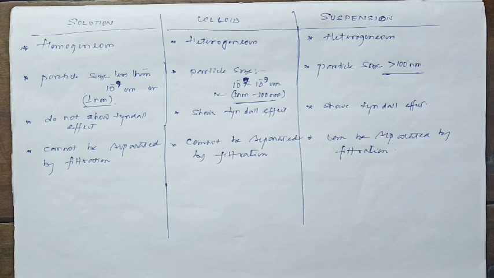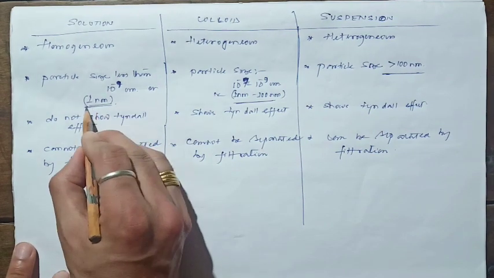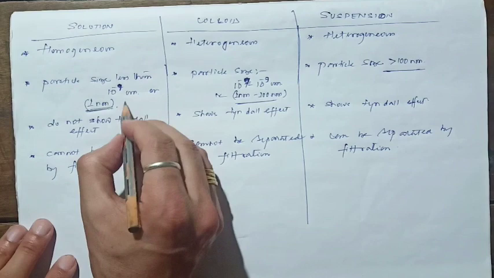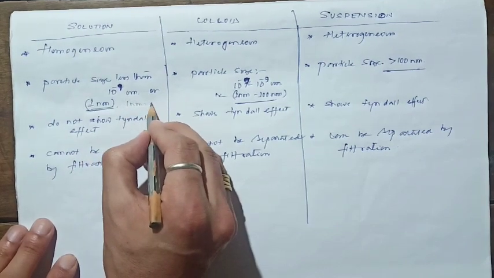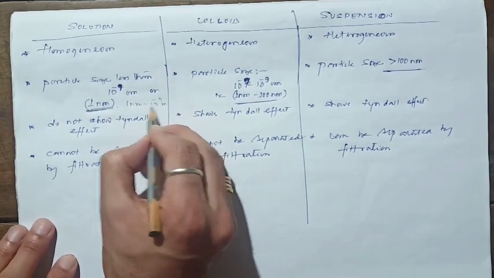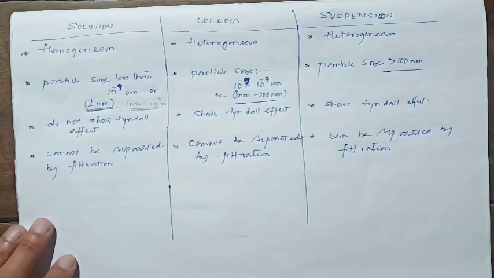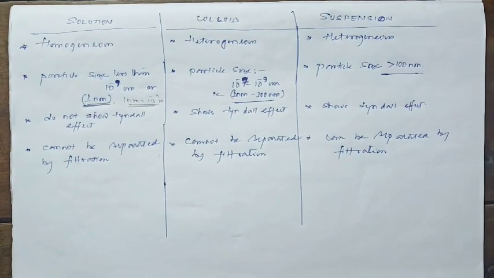Now, if we consider the particle size of the sugar particles in this homogeneous mixture, the particle size is smaller than 1 nanometer. This 1 nm stands for nanometer. So 1 nanometer is equal to 10 raised to power minus 9 meter. Remember this. The particle size is so small that it's not possible for us to see even with a powerful microscope.